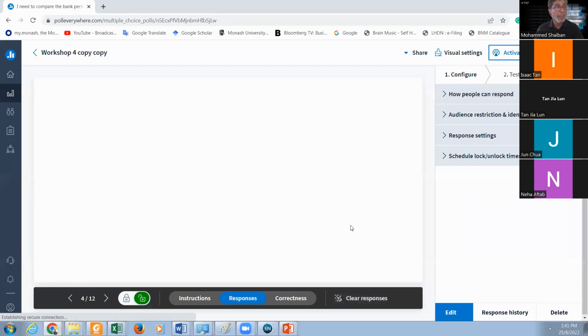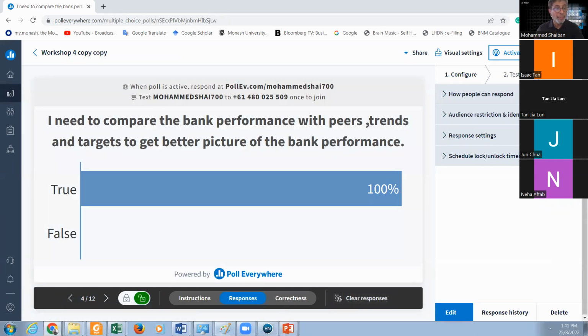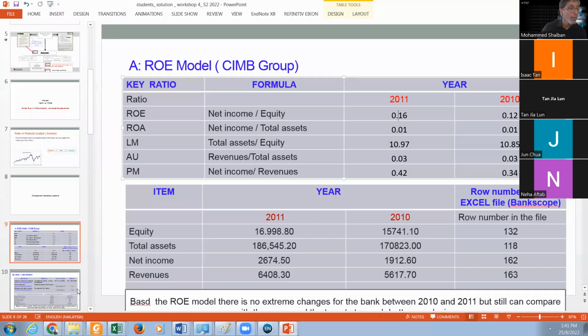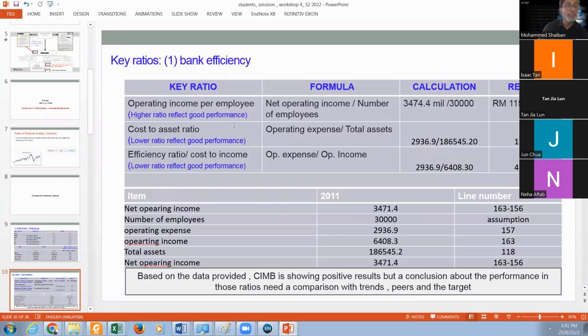Now, if you look at bank efficiency, based on the data provided, CIMB is showing positive results, but the conclusion about the performance is that those ratios need comparison with trends, peers, and targets.